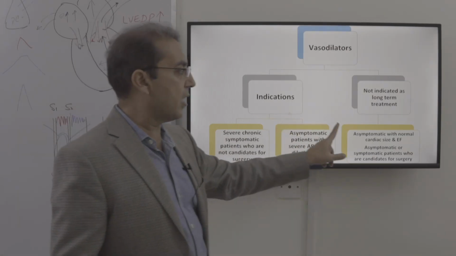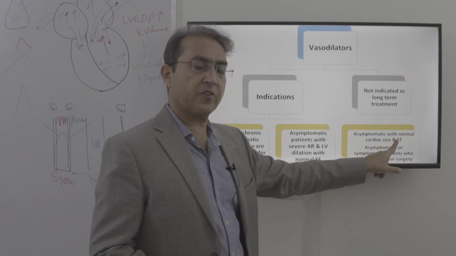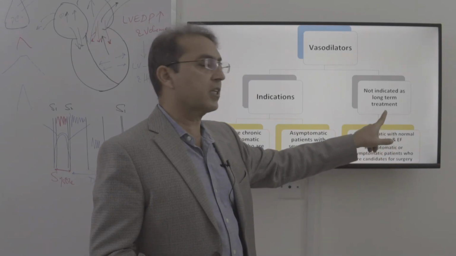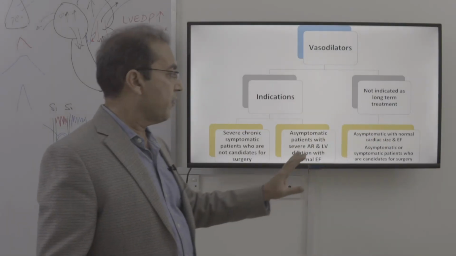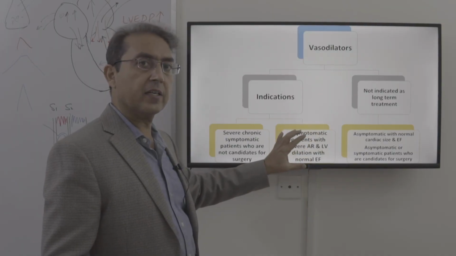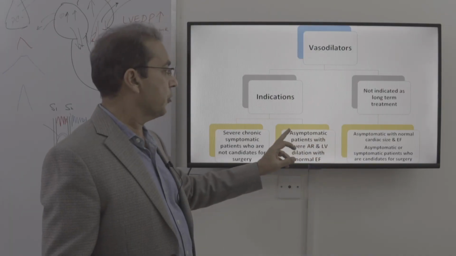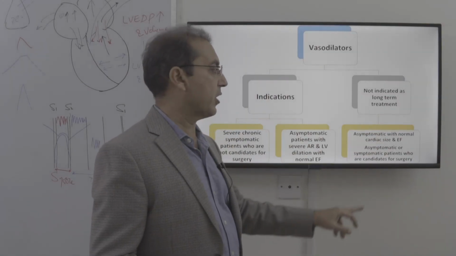But if the patients are asymptomatic but they have a normal cardiac size and normal ejection fraction, in these patients vasodilators are not indicated. So if a patient has no symptoms but the LV is dilated despite the ejection fraction being maintained, the patient should be put on vasodilators. But if the cardiac size is normal, don't put on vasodilators.